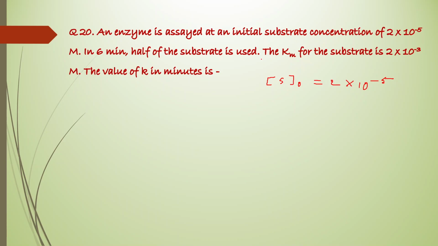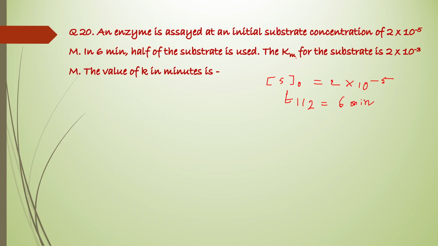If you remember the basic chemical kinetics, the time when half of the substrate is consumed, we call it T half. So in this particular question, the T half is 6 minutes.